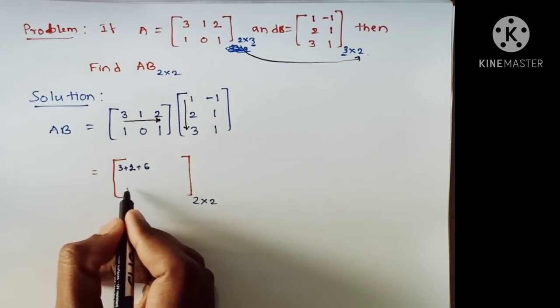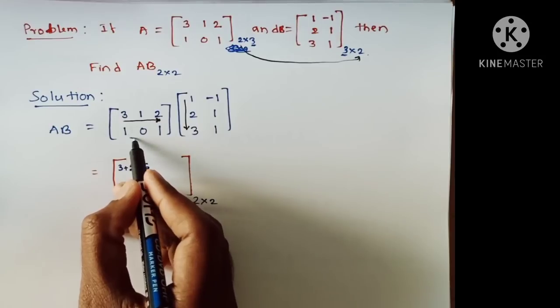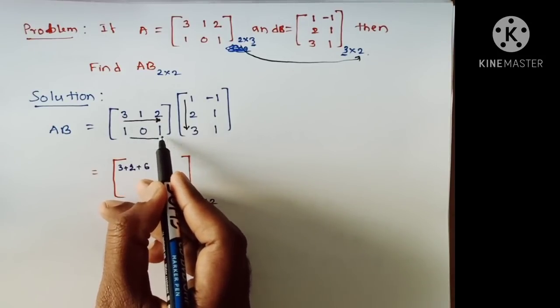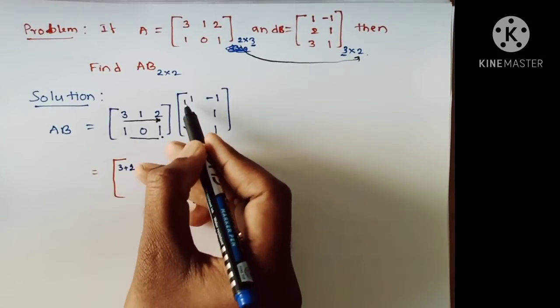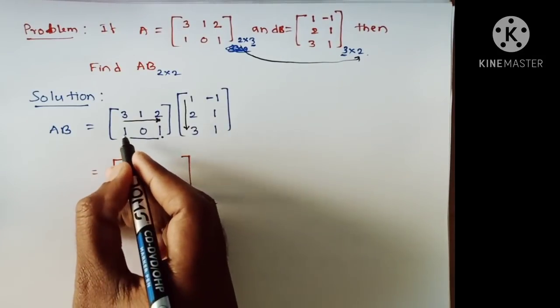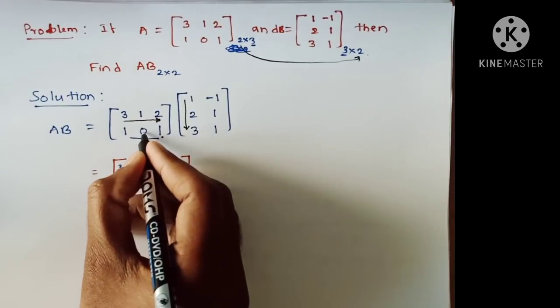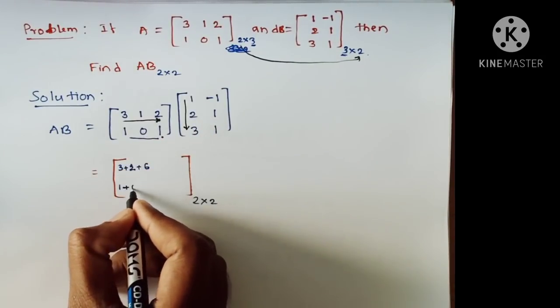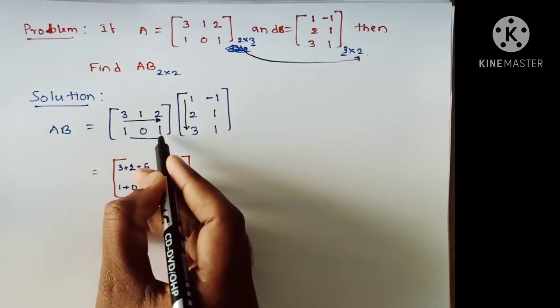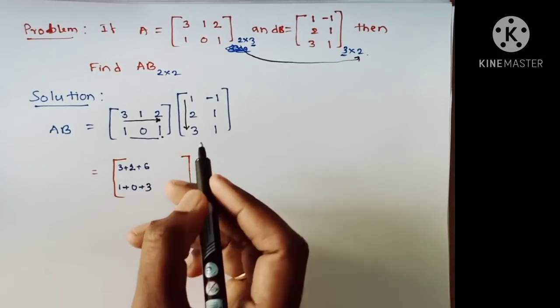Next the element C21 is obtained by multiplying the corresponding elements of the second row with the first column elements of the second matrix. That means 1 into 1, 1, plus 0 into 2, 0, plus 1 into 3, 3.